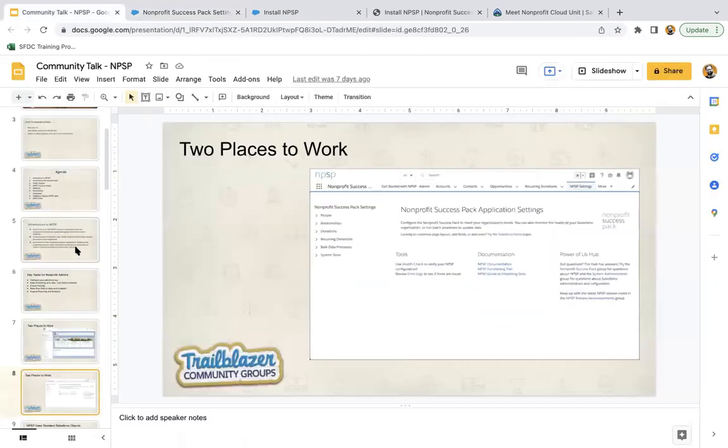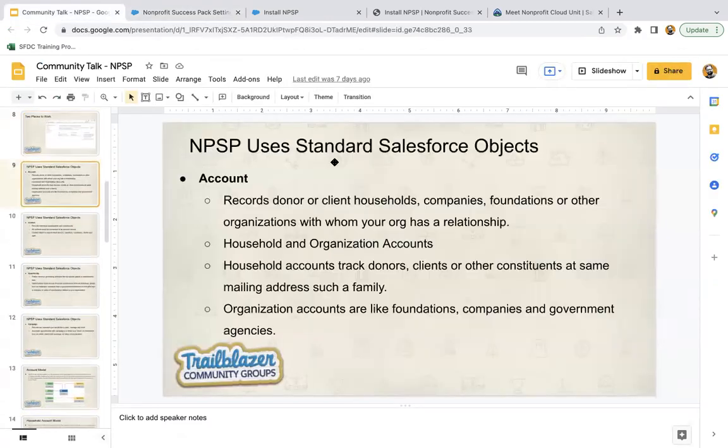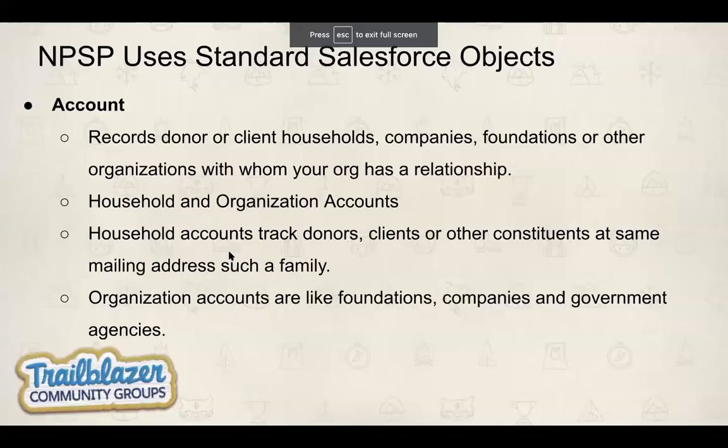Now, if I come here and move to the next slide. In NPSP, some of the standard objects will be used for different purposes. So objects will be same, like account, contact, opportunities, campaign, but their uses will be different, right? So I will be comparing NPSP with Sales Cloud.